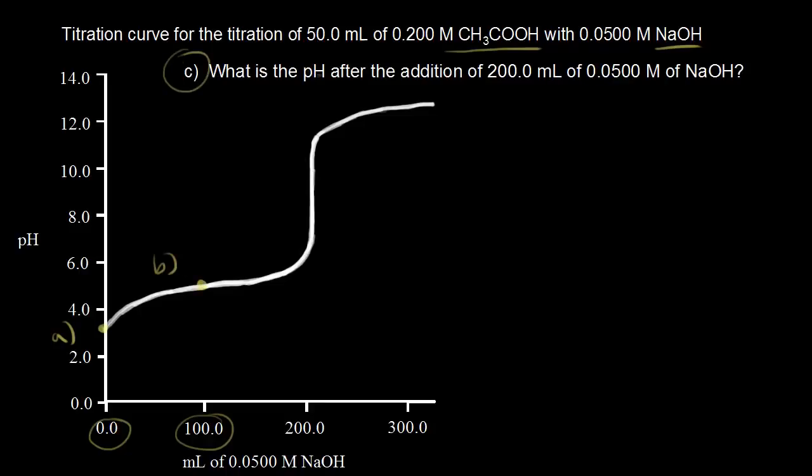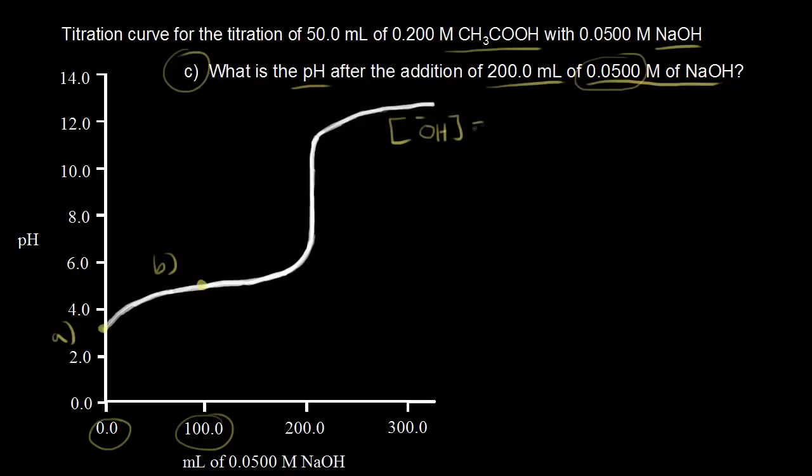In part C, our goal is to find the pH after the addition of 200 mLs of a 0.05 molar solution of sodium hydroxide. So how many moles of hydroxide ions are we adding here? If the concentration of sodium hydroxide is 0.05 molar, that's the same concentration for hydroxide.